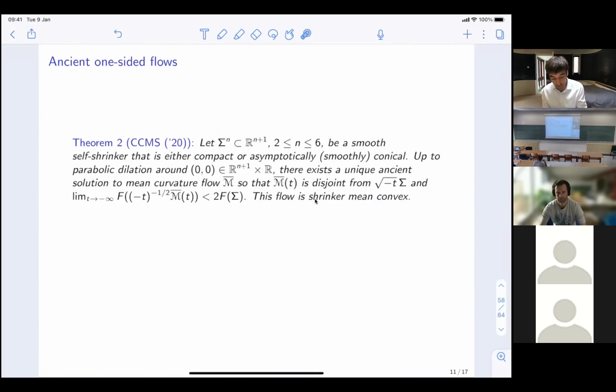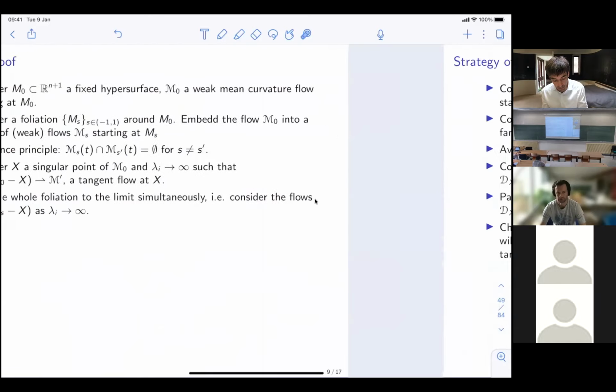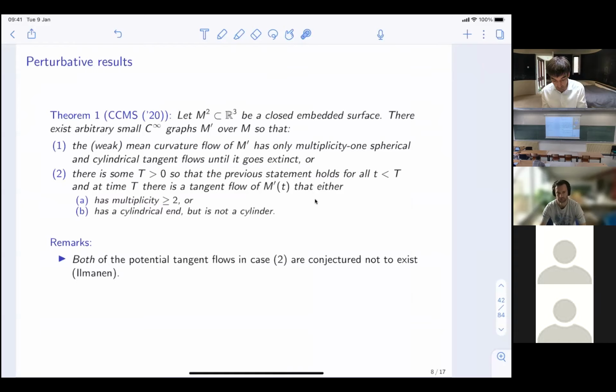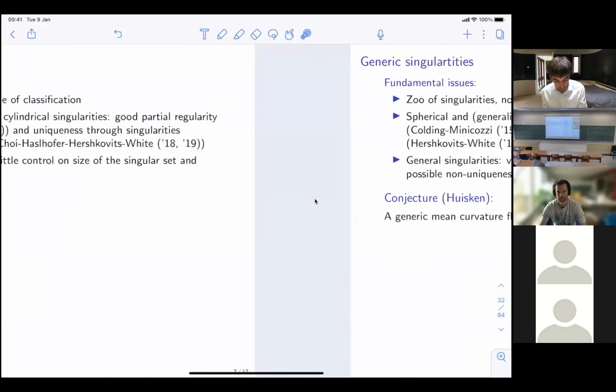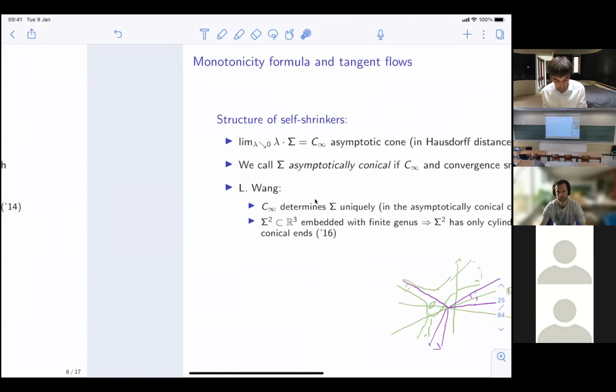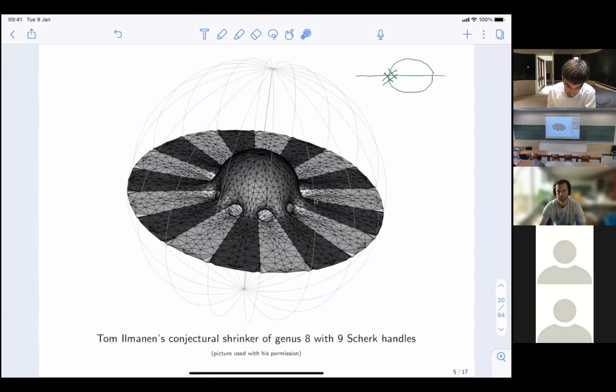Okay, so what is maybe a picture here? It's instructive to look at this before my time runs out. Look at this example here. You see, this is like a CMC surface. So these necks here somehow have to be rather balanced. There seems to be some force balancing here.